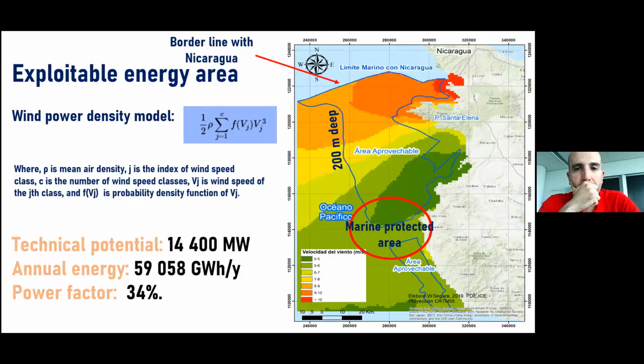I'm not getting into these details because we are between engineers, people who are familiar with that. But my idea with this slide is to show some relevant information about the potential of Costa Rica and the way to calculate this.